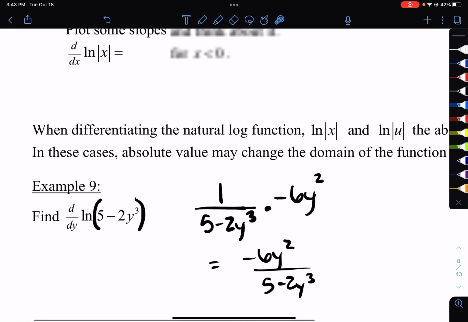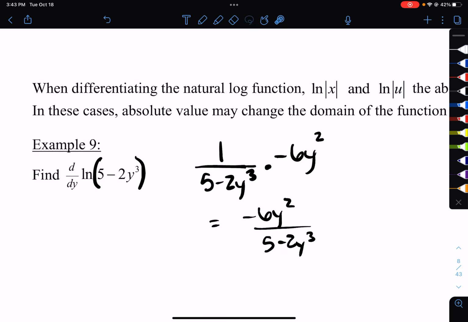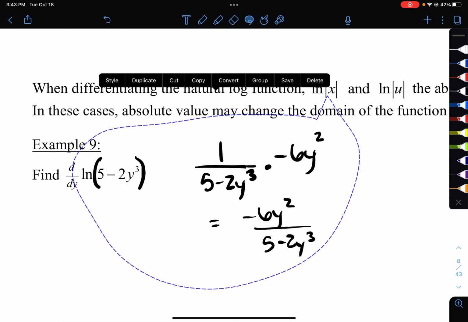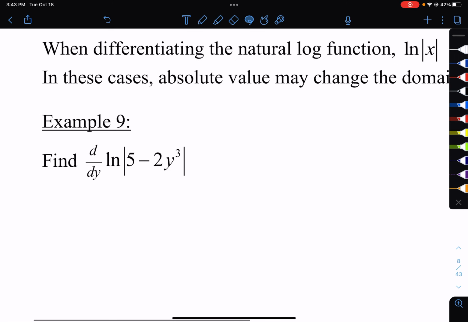So long story short, all of that is telling you that if you take the natural log of something, like this, natural log of the absolute value of 5 minus 2y cubed, you can just ignore those absolute values when you take the derivative. Some equations, we can't ignore the absolute values. Natural log functions, we can just ignore the absolute value.